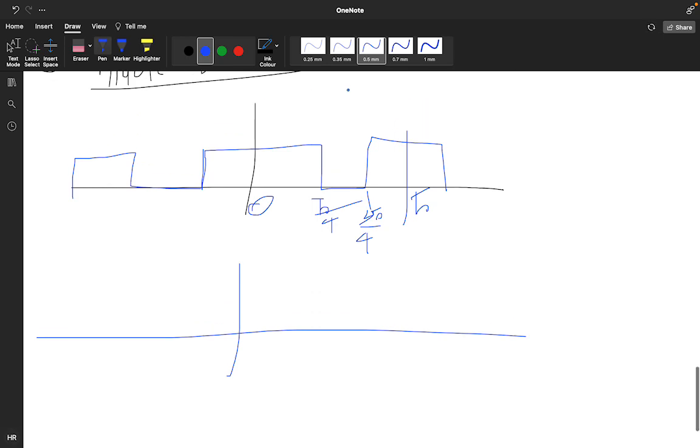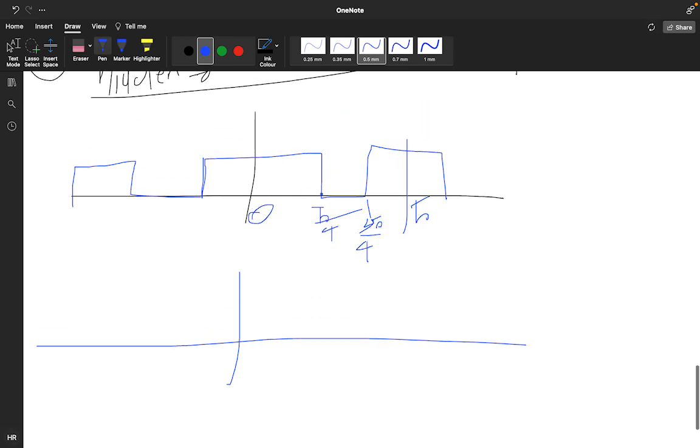In between this. 0 to T naught by 4, T naught by 4 plus T naught by 4, you will get some particular point here where you get T naught by 2. Correct? Somewhere midway.